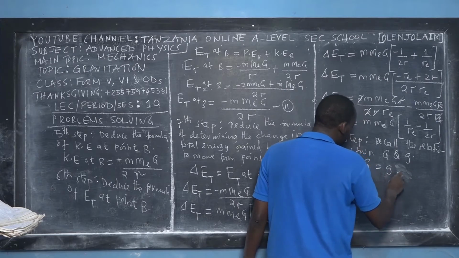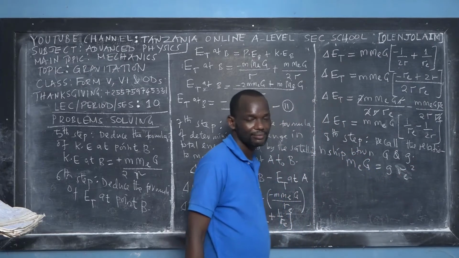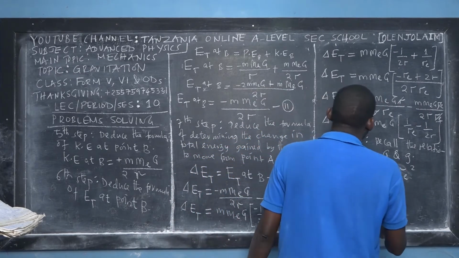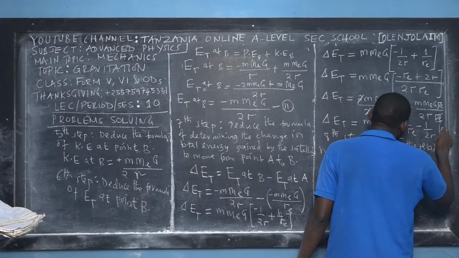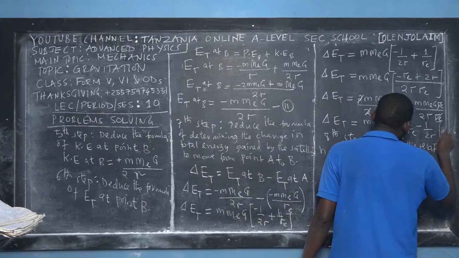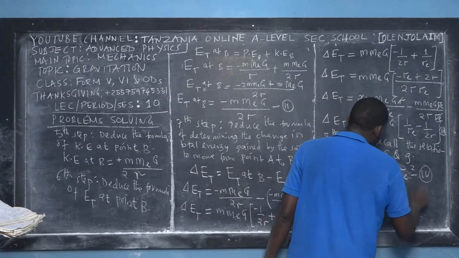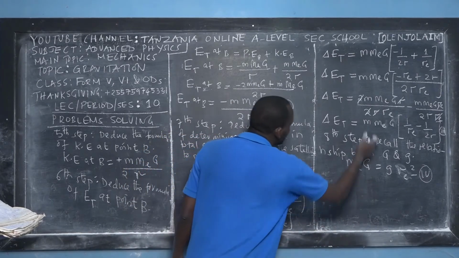For our case right now, the radius of the S is RE squared. So this was the second equation. Suppose this is the third equation, and this is the fourth equation. If that's the case, we can take the fourth equation and substitute.